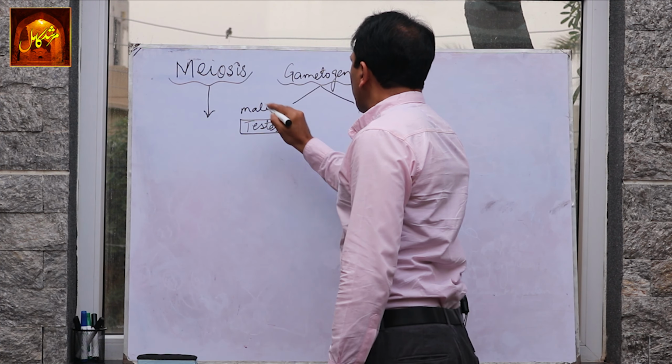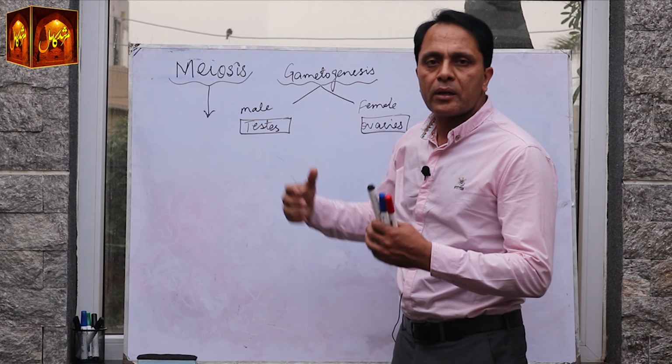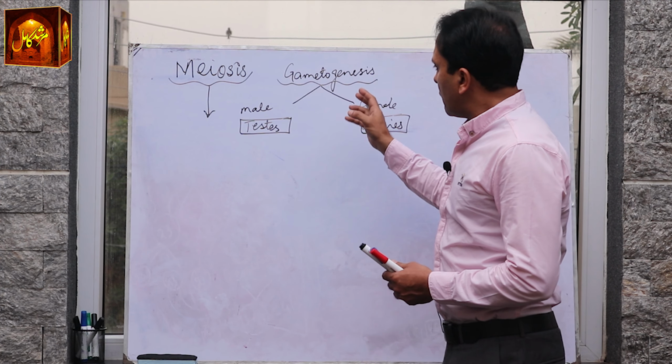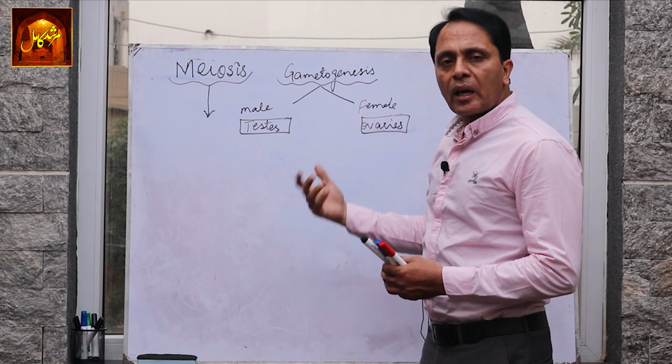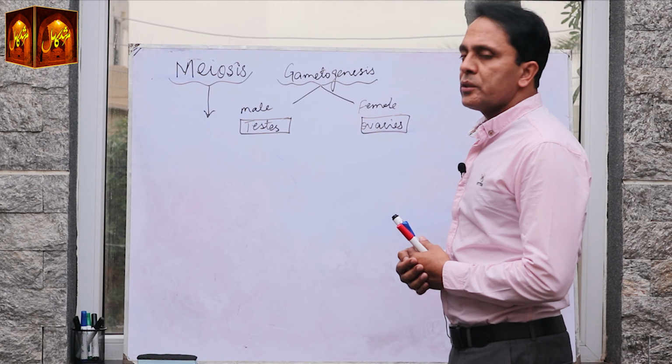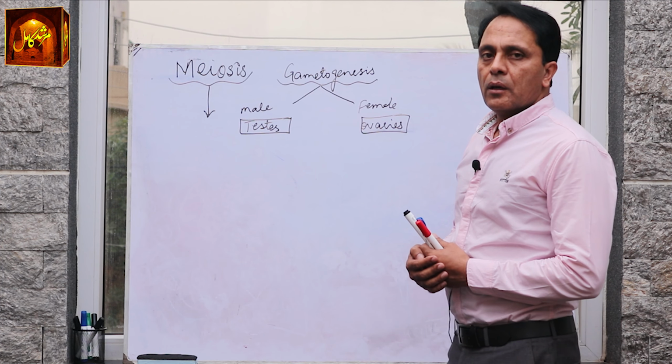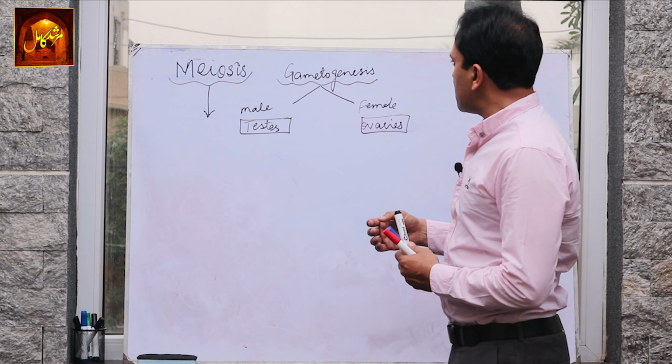Now we have to link this gametogenesis process with meiosis, means how meiosis will take place and how the gametes will be formed in male and female. So when we talk about the process of gametogenesis, gametogenesis can be divided into three phases.